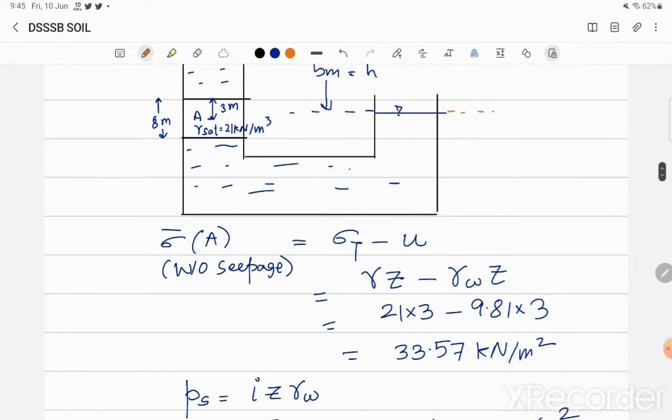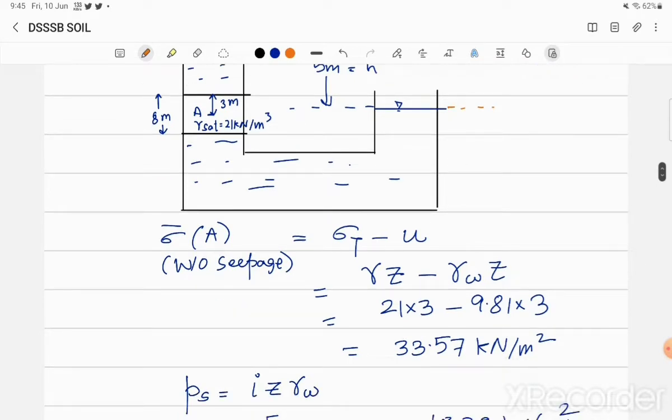Total stress is simply found by multiplication of gamma, here gamma saturated of the soil, and z. z is the depth at which we ought to find the total stress.